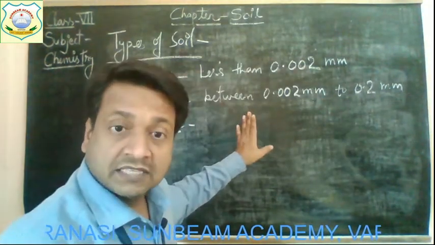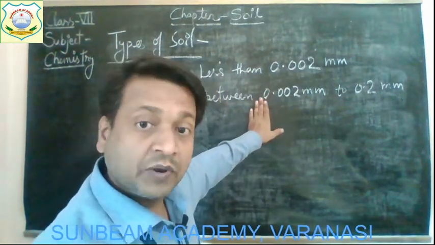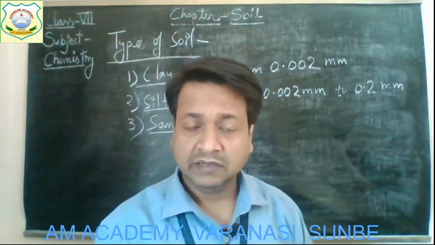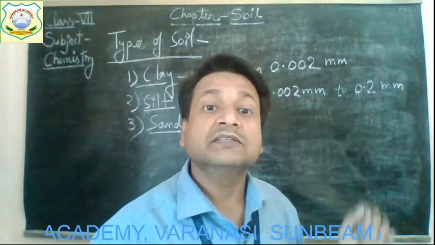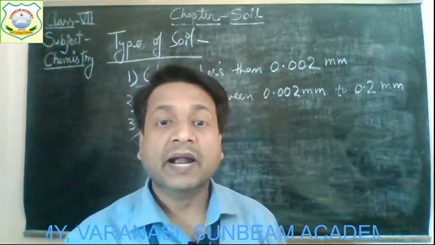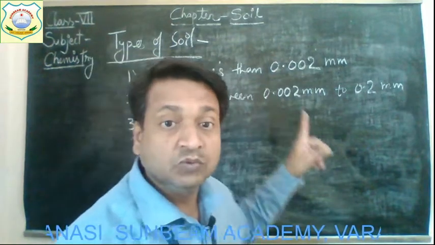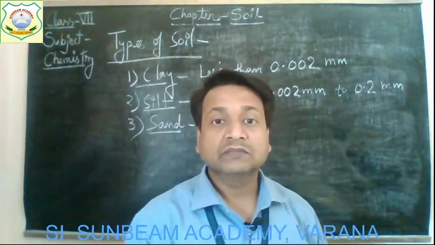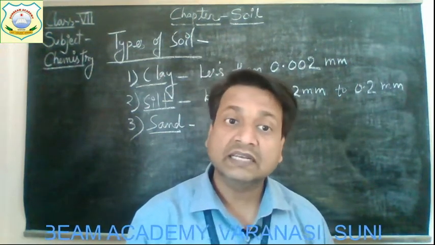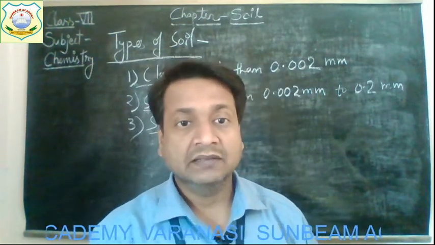Get it? And therefore, it is not so smooth, because the rock particles are somewhat larger than clay particles. So it's not smooth, and it can be found, for example, in a river bed. So we can see the silt particles very clearly. Where? Yes, in a river bed.